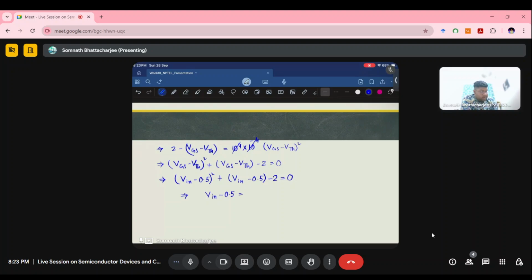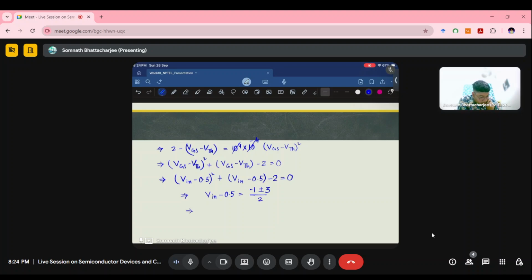Let's write it like this, using minus b plus or minus square root of b square minus 4ac, divided by 2a.